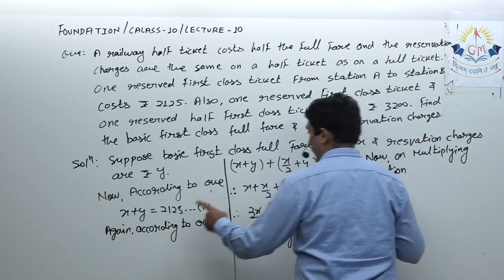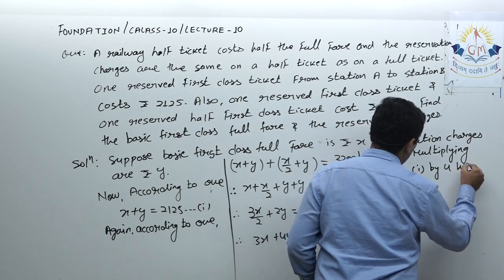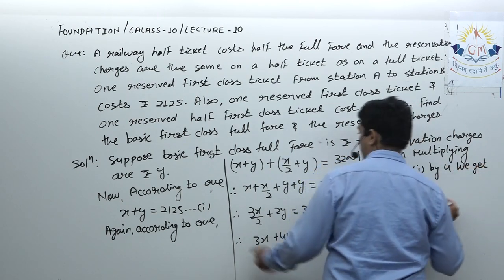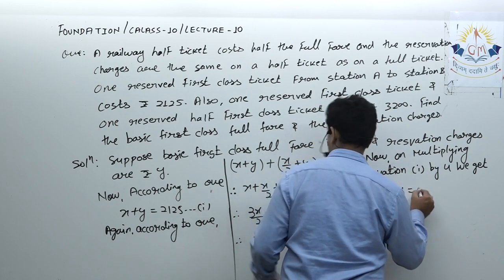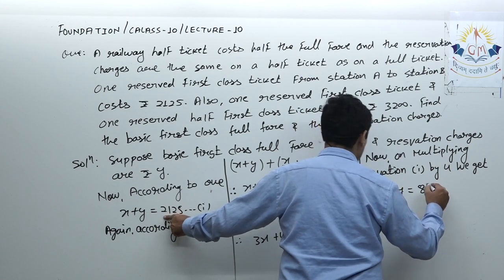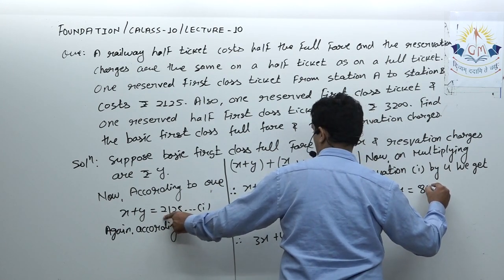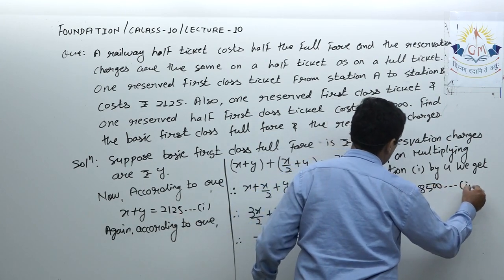On multiplying equation 1 by 4, we get 4X plus 4Y is equal to 8500. That will be equation number 3.